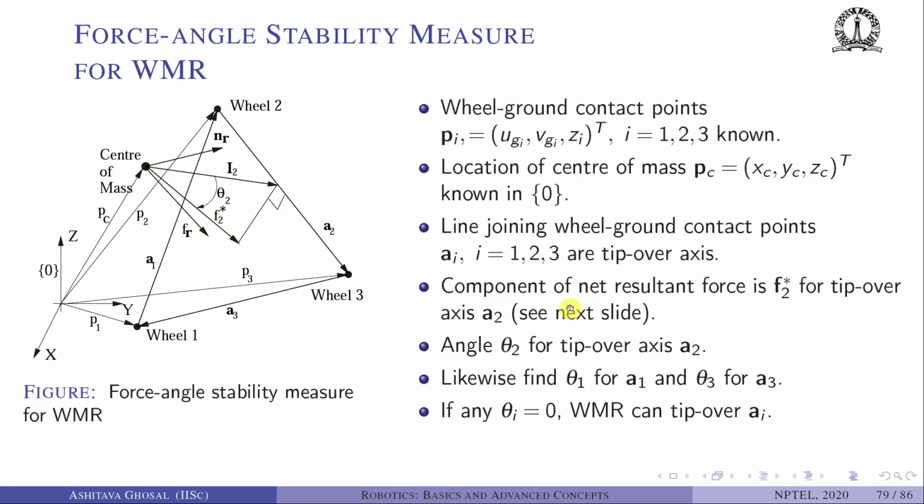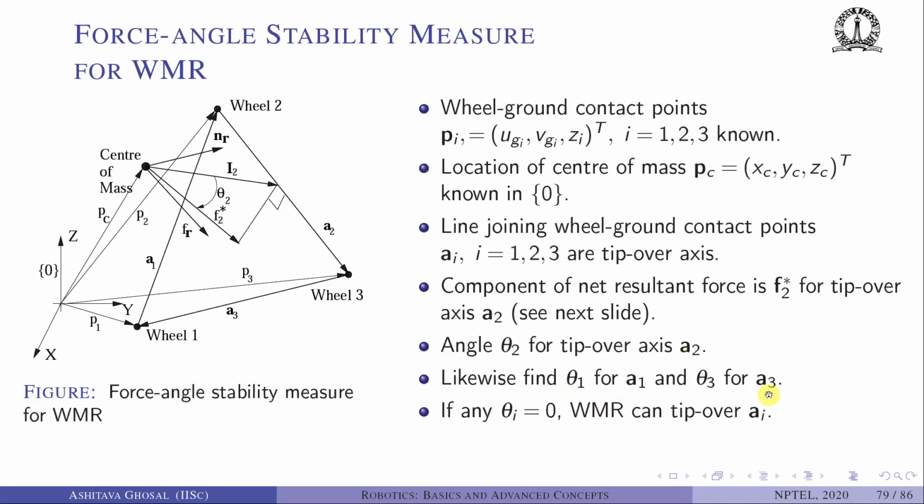The component of the net resultant force is F2 star, for tip over axis A2. So the angle θ2 is for the tip over axis A2. Likewise, we find θ1 for A1 and θ3 for A3.